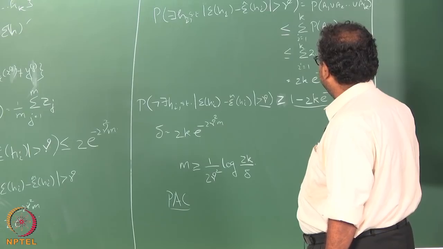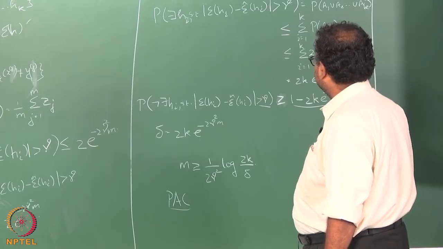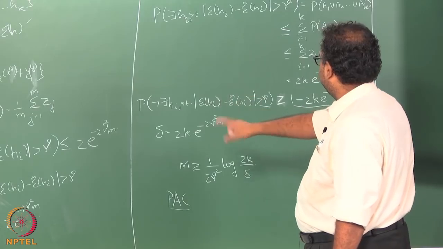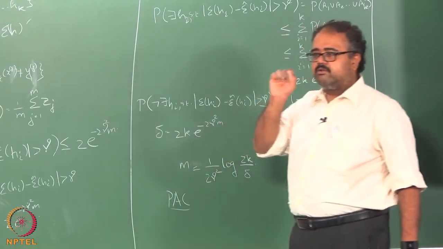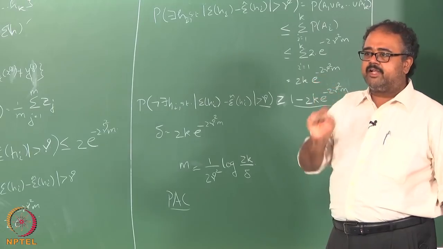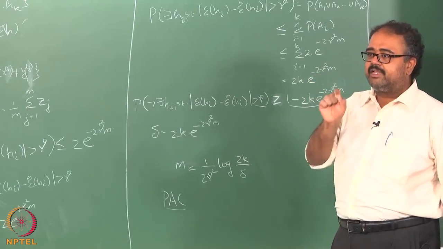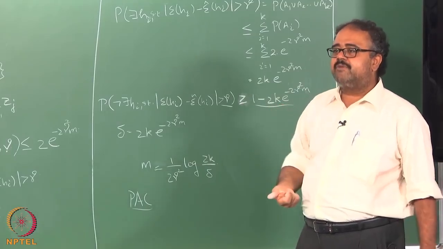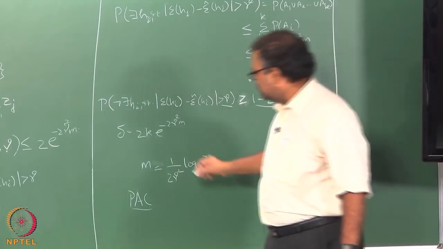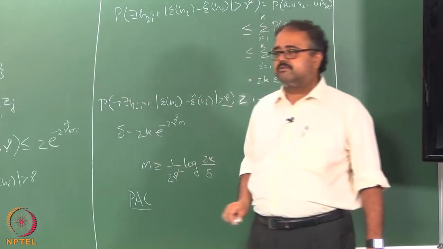See, M should be equal to this to give you the exact 1 minus delta probability, but I want it to be at least 1 minus delta. That is why I say it is greater than or equal to.